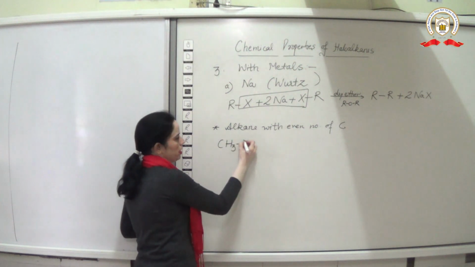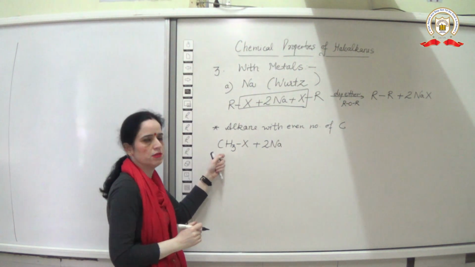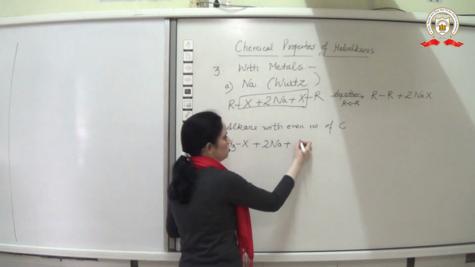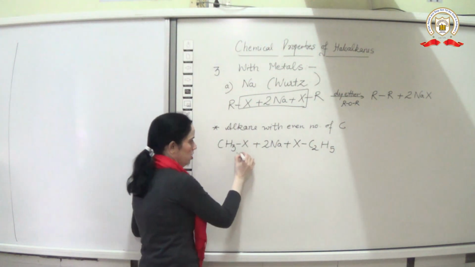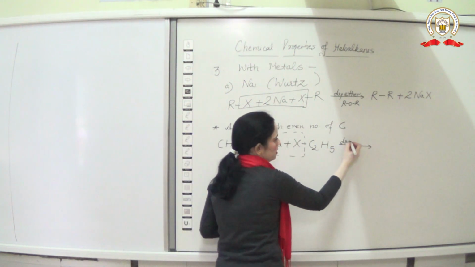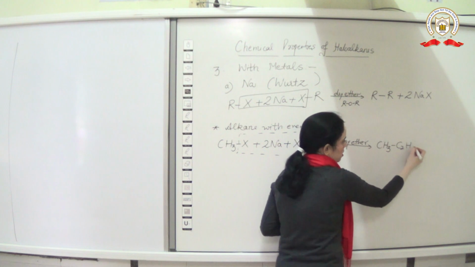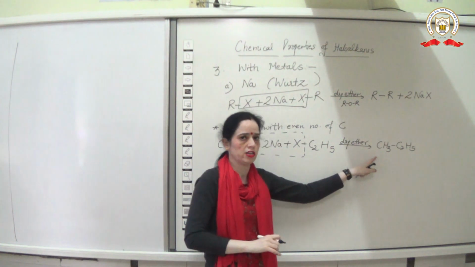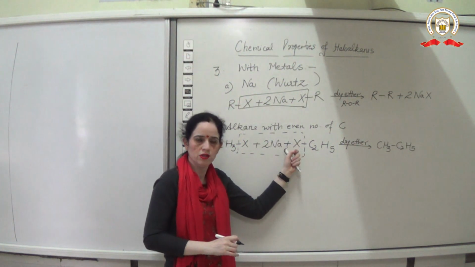For example, for propane, let us take 3 carbons. So one of the haloalkanes must be of 1 carbon and the other haloalkane must be of 2 carbon. So the next one must be C2H5X. On paper we used to draw that we are getting propane. But actually, it is not at all fixed that we will only get propane, because in the reaction mixture there are a number of halomethanes and haloethanes.